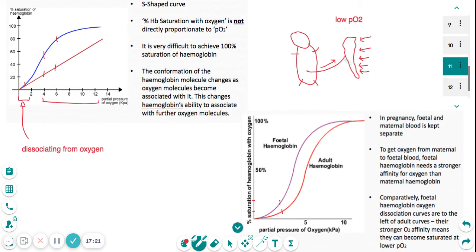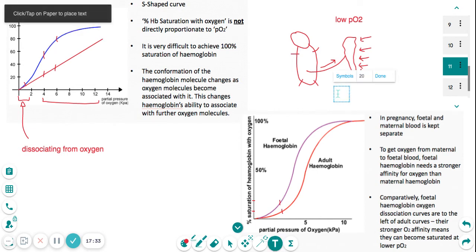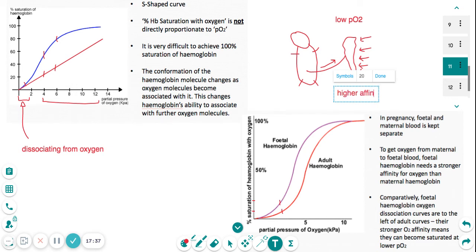And because the baby's blood has a higher affinity to oxygen, and higher affinity means, let's write that down so we've got that. Higher affinity, the baby's hemoglobin having a higher affinity means it can associate with oxygen easier.